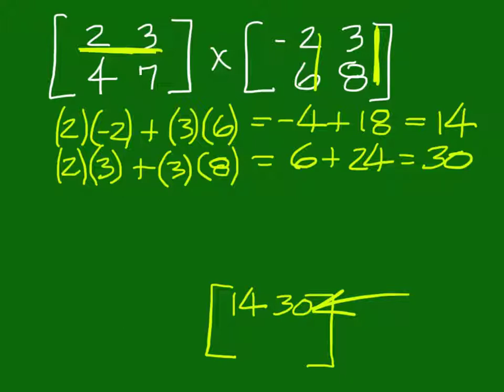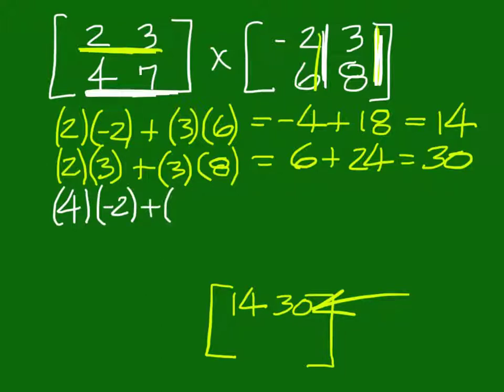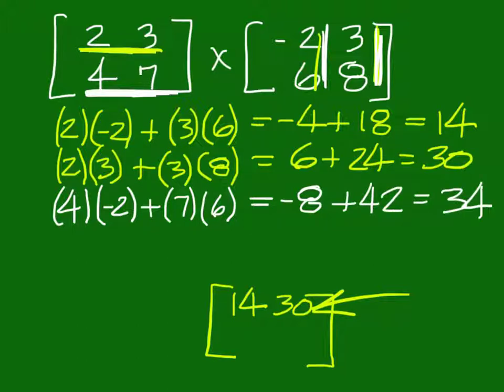Anybody still good? Okay. Now we're going to go to the second row and then do the first column and the second column again. So this is going to give us 4 times negative 2 plus 7 times 6. That's a negative 8 plus 42, which is 34.